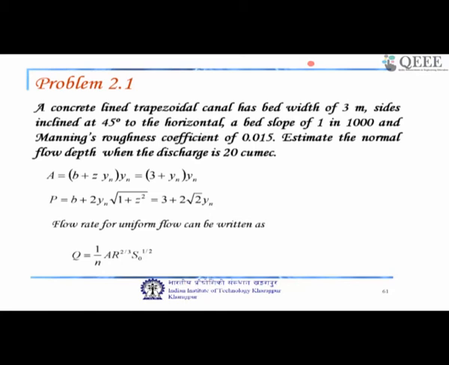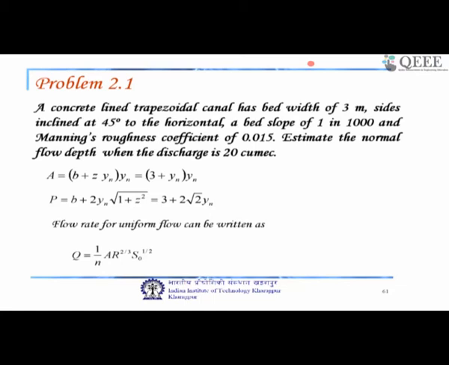From our calculation point of view, let us say that Z is the side slope condition, that is 45 degrees. So obviously Z equal to 1 is to 1 slope, and area is (B plus Zy) into y.